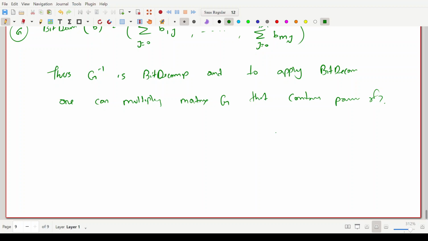So now we have a tool to form a FHE. Let us start. Now we have the tools to define the scheme.